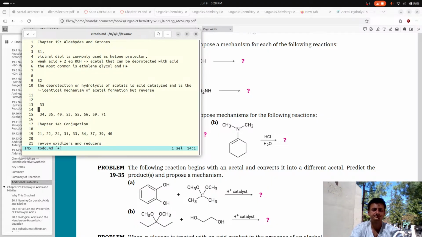Okay, just basic imine and enamine mechanism review.